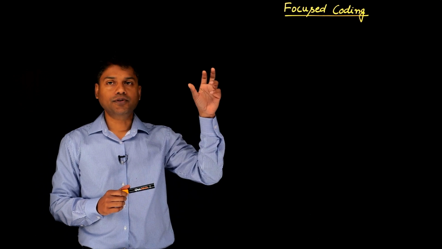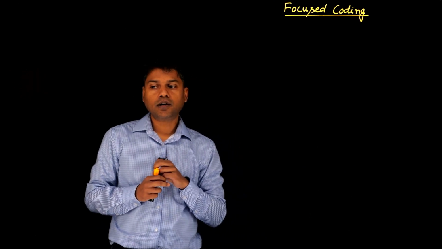So as the word itself suggests, focused, and that's what it means when we think about focused coding. We focus on significant codes, the codes which are, in our experience, more powerful.